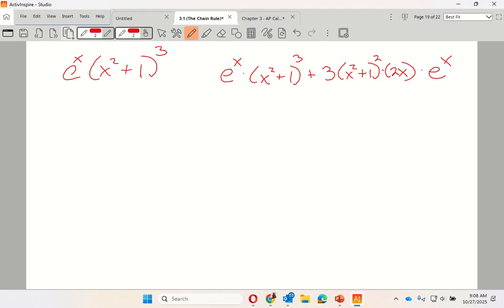So there's my g. And then let's just rewrite. So e to the x, x squared plus 1 to the third, plus 6, that's the power rule, x e to the x, x squared plus 1 squared. I used a product rule and chain rule in there.